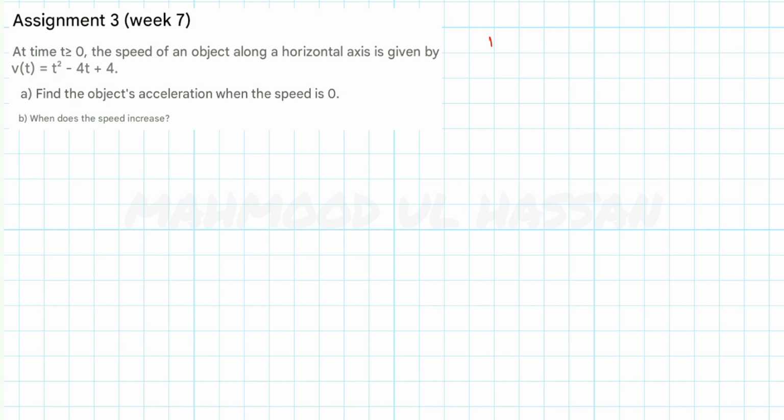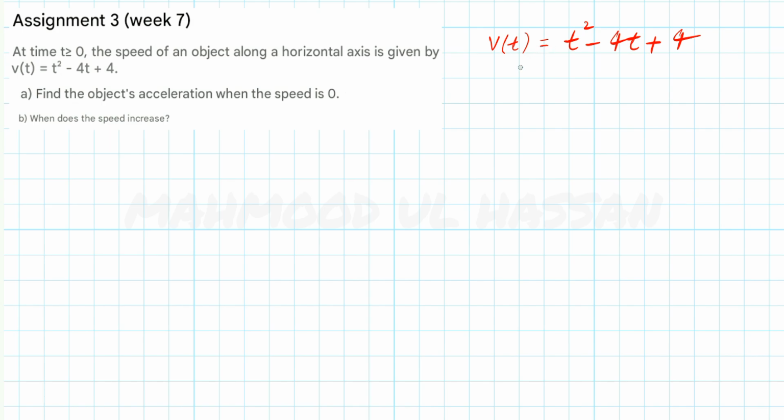That is, the velocity function at the time t is t squared minus 4 times t and then plus 4. Okay, so the first part of the question says find the object's acceleration when the speed is 0.